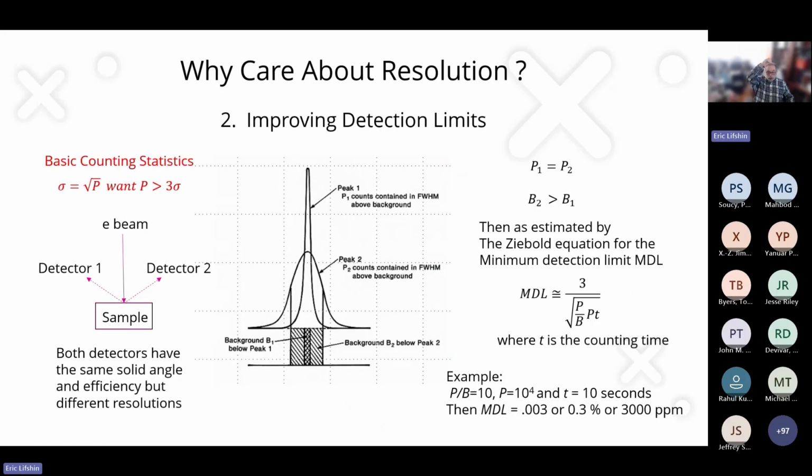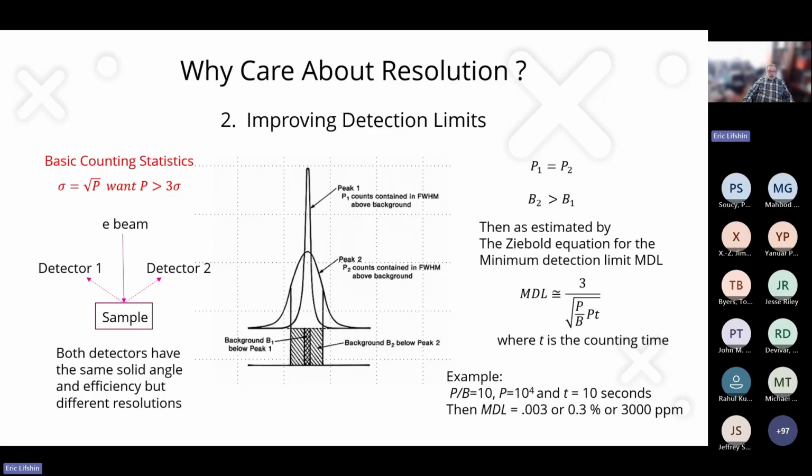Now, we also are interested in detection limits. And I think it's important to bear in mind basic counting statistics. The standard deviation of a count goes as the square root of the counts. So let's say I have 100 counts that I measure at a peak. 10 is the standard deviation.